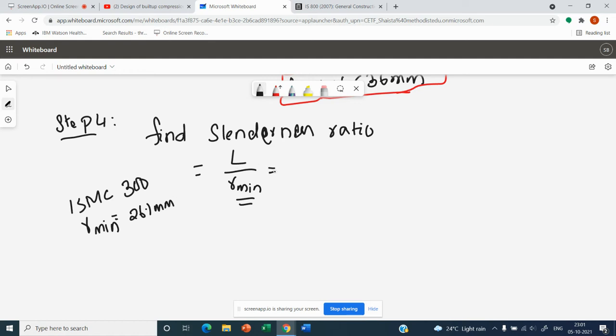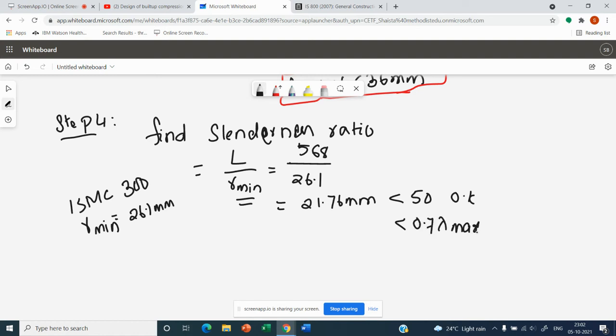Okay, so L we got as 568, and this r minimum is 26.1. So on solving, we get this as 21.76. As per IS 800, it shall be less than 50. Yes, okay. It shall be less than 0.7 times the maximum slenderness ratio.